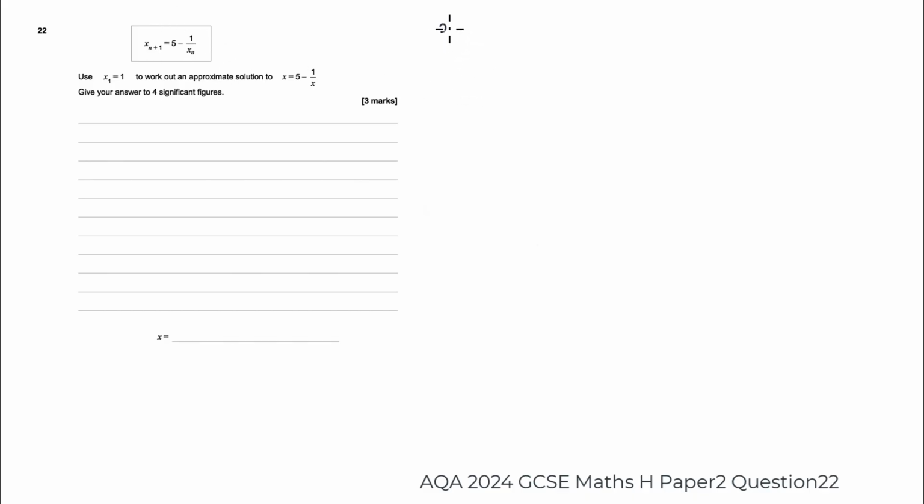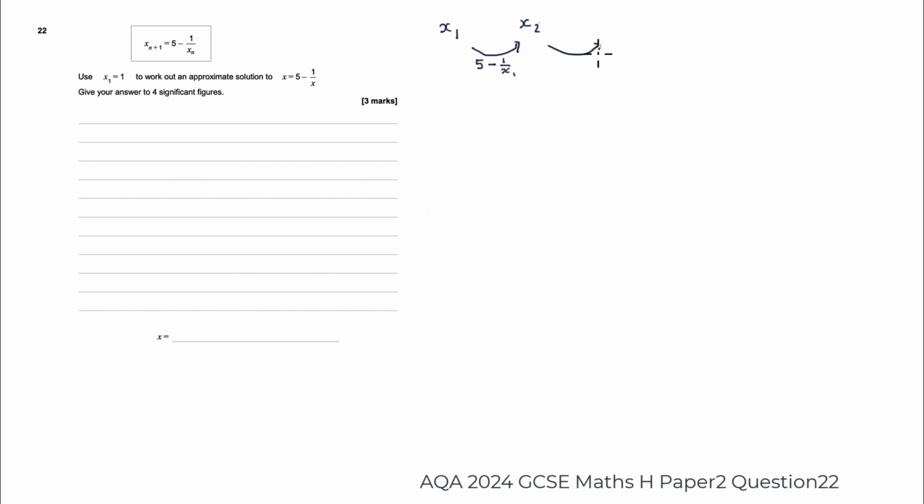We start out with x1. To get x2, 5 minus 1 over x1, n is 1, will give us x subscript 1 plus 1. That's x2. So we've to perform the calculation 5 minus 1 over x1 to get x2.